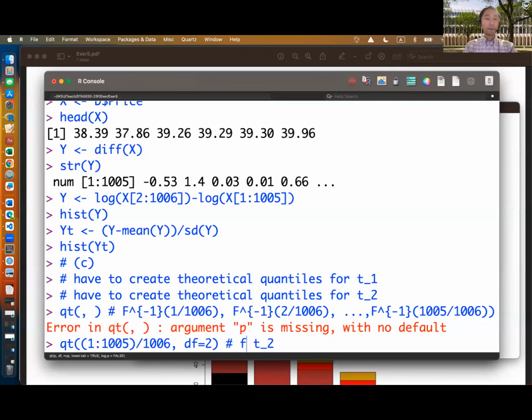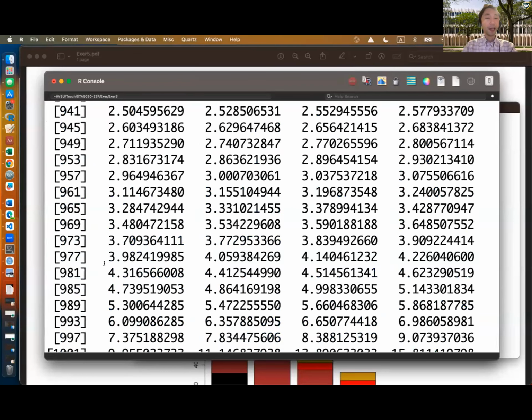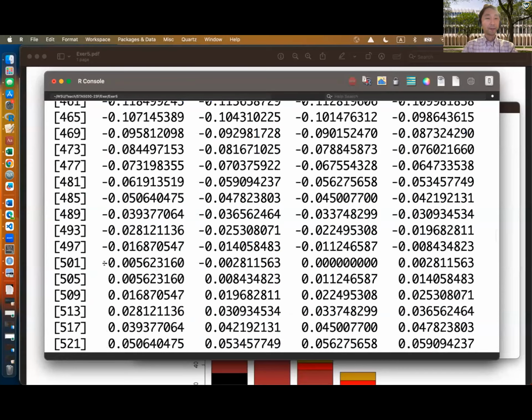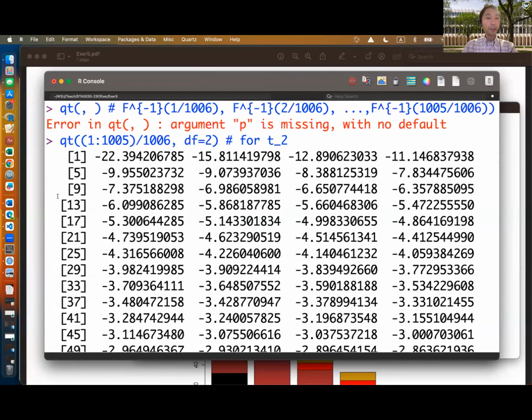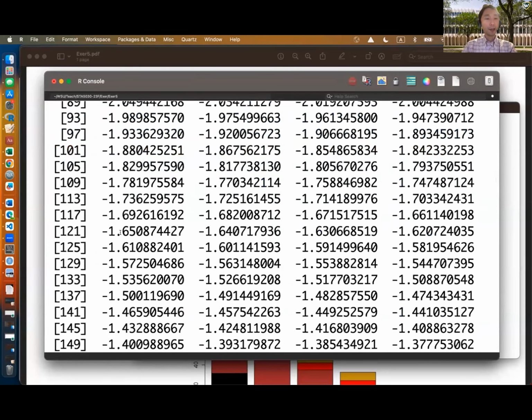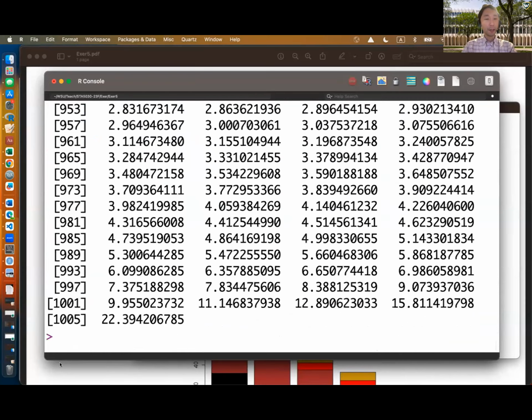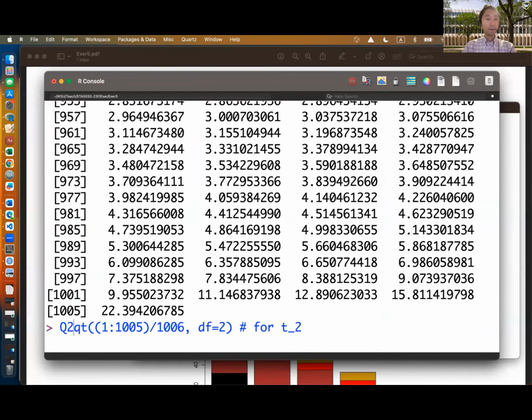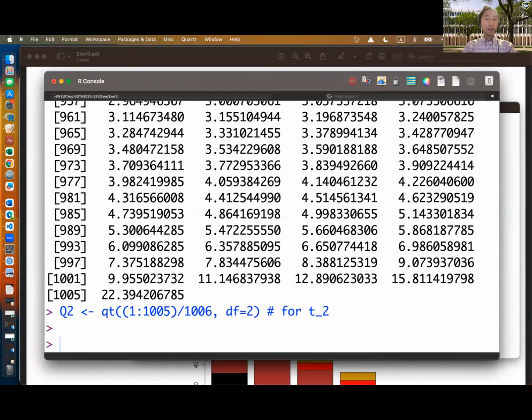We have to name this as the theoretical quantile for T2, so maybe Q2. And this has 1005 observations, you can see.